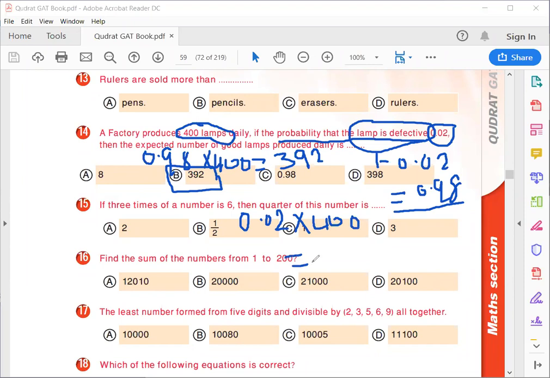It is what? It is 8. And you subtract: 400 minus 8 equals 392. So the answer is B. Okay.